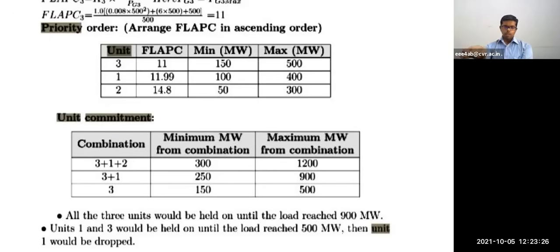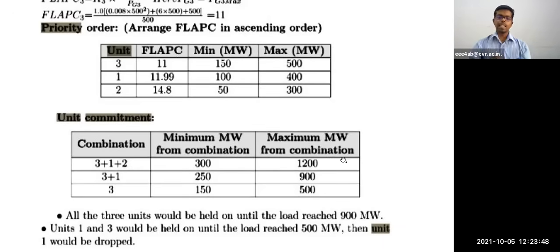So you need to go for 1200 megawatt only. Okay, in practice, you need to switch on 1000 megawatt, as well as another 200 megawatt, or otherwise you need to switch on two 500 megawatt and one 200 megawatt. Like that you can go for.